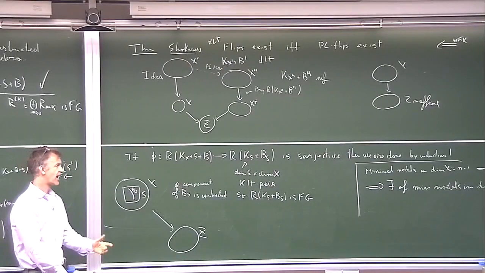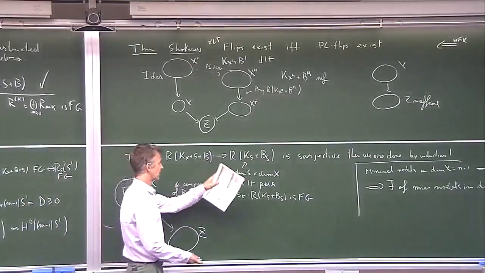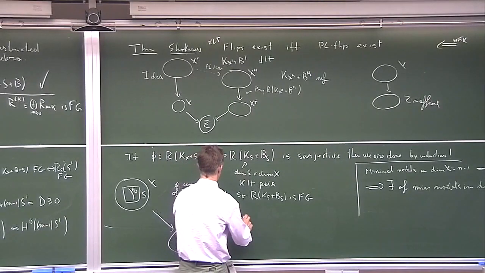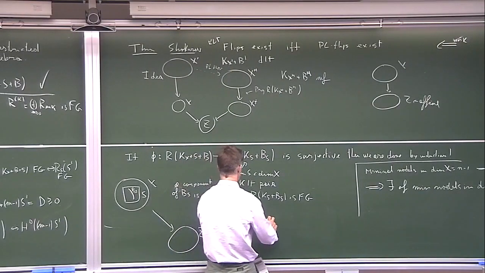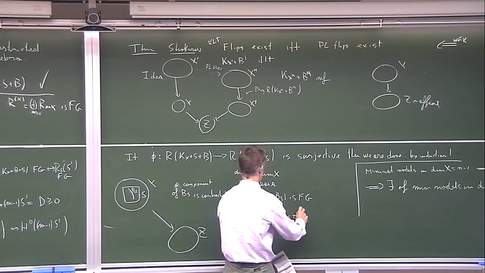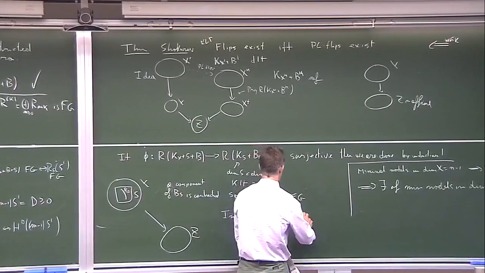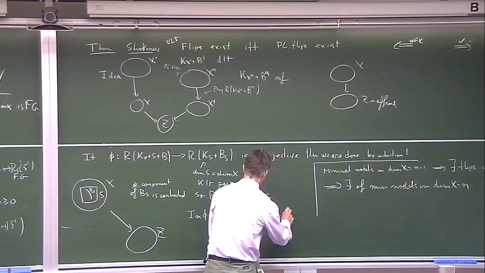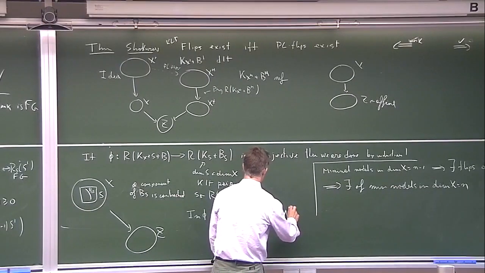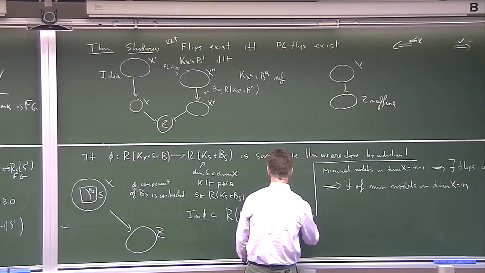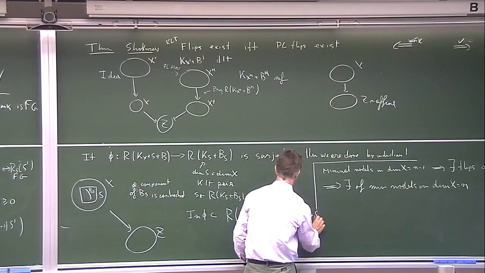So at the very minimum, the image of phi has to be contained in the ring corresponding to Ks plus Bs. I have to throw away the components of Bs which are in common with the stable base locus of the restricted linear series Ks plus S plus B.